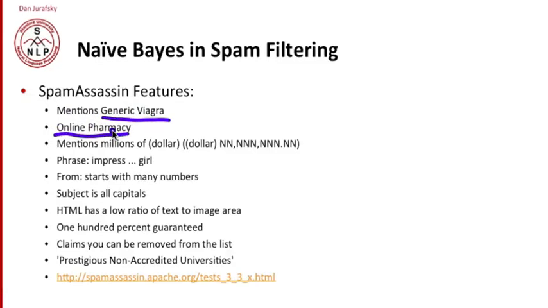Is the phrase online pharmacy mentioned? A little regular expression for millions of dollars mentioned? Is there a phrase impress and nearby the word girl? Does the from have a lot of numbers in it? Is the subject in all caps? So all sorts of different features that we can use to combine. And you can look at the SpamAssassin website to see a common set of features.